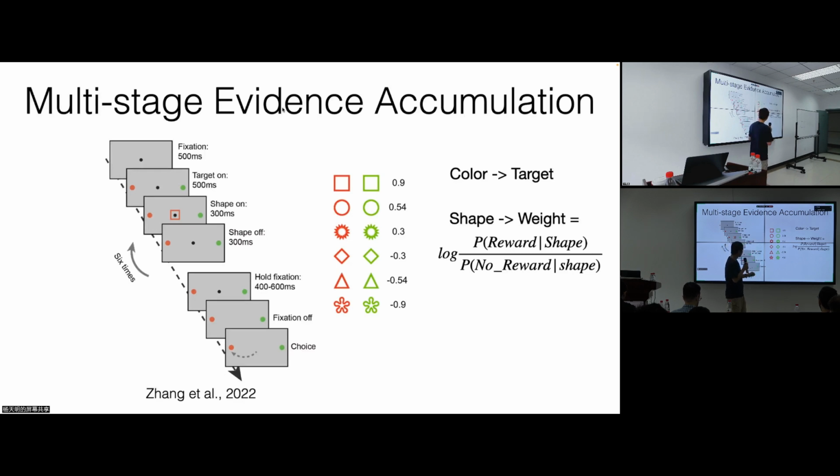And also in this setup, the reward probability of the 2 targets are actually independent. You can have the case both targets have high reward probability, or both targets have low reward probability. And the monkey now has to accumulate evidence for both targets in this case.